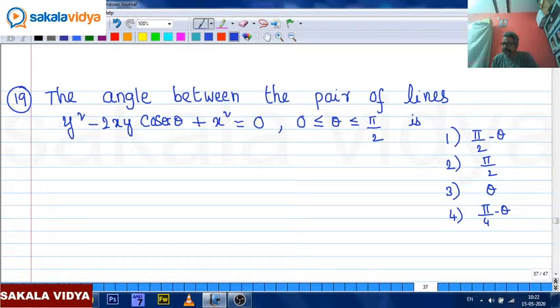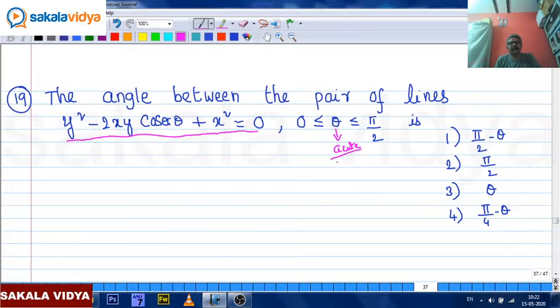The angle between the pair of lines y square minus 2xy cosecant theta plus x square equals to 0. Theta lies between 0 to pi by 2, that means theta is an acute angle.